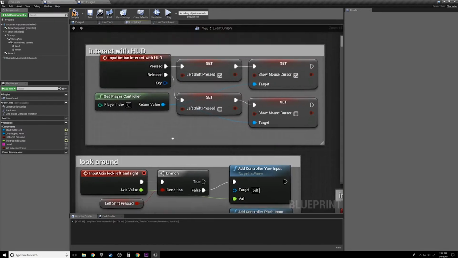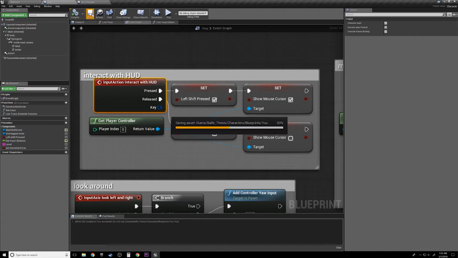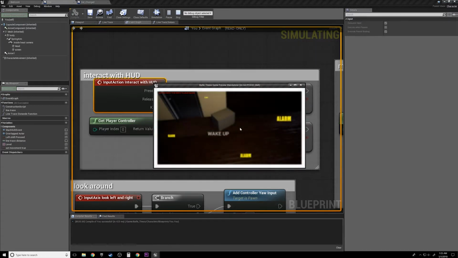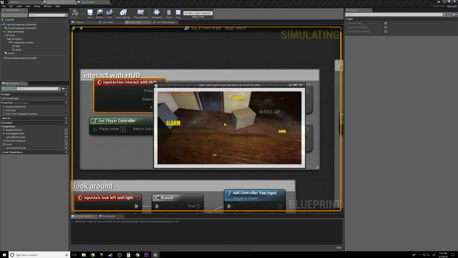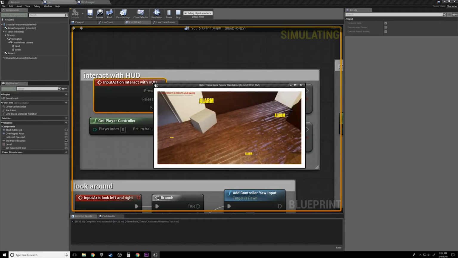So what I ended up doing was deactivating movement control when I hit a certain key, and then when I hit that key again, it would reactivate the movement control, so that you could separately interact with the user elements and then interact in the world.